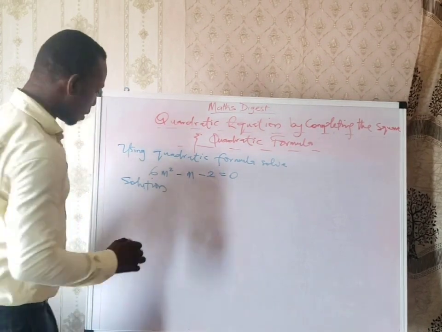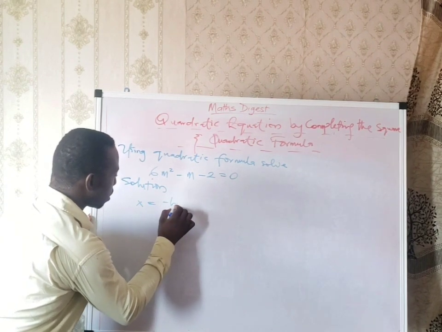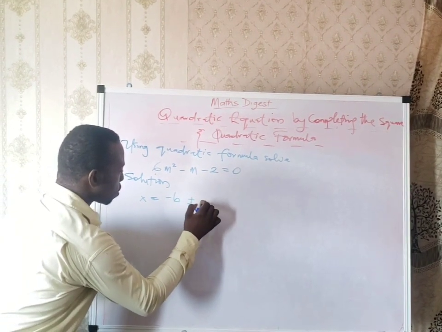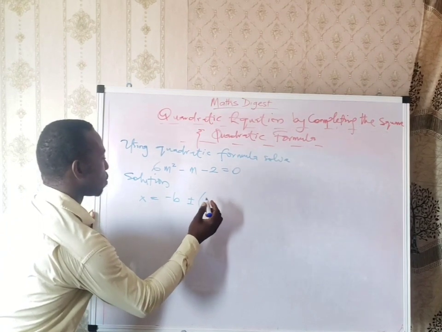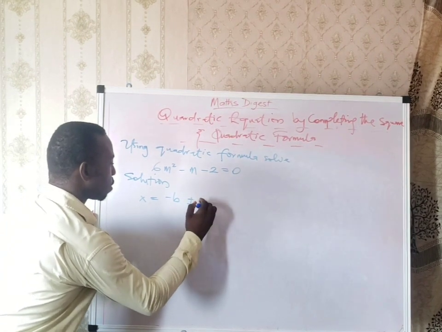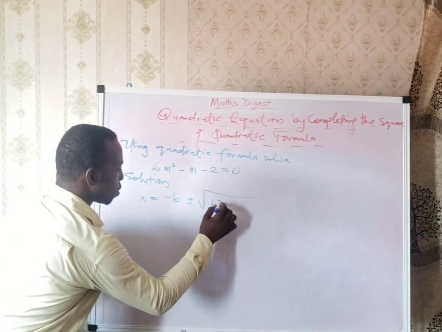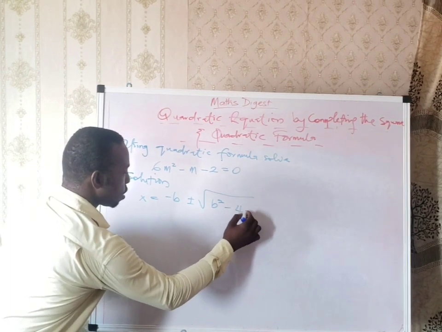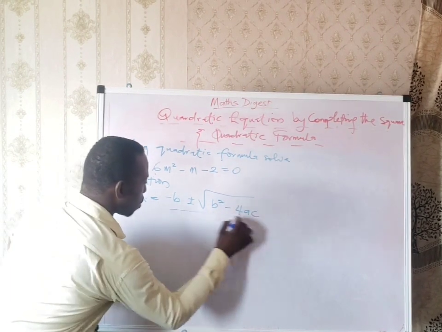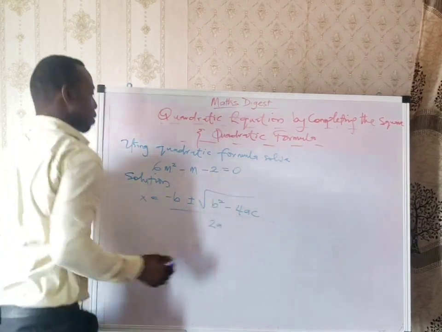The quadratic formula says x is equal to minus b plus or minus the square root of b raised to power 2 minus 4ac, all over 2a. This is the quadratic formula.